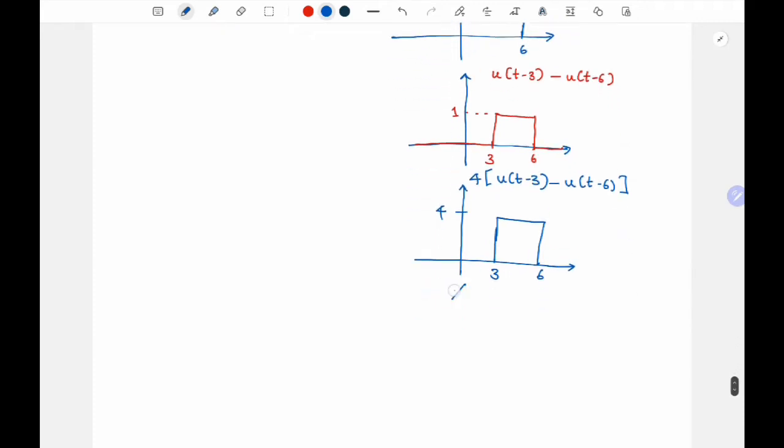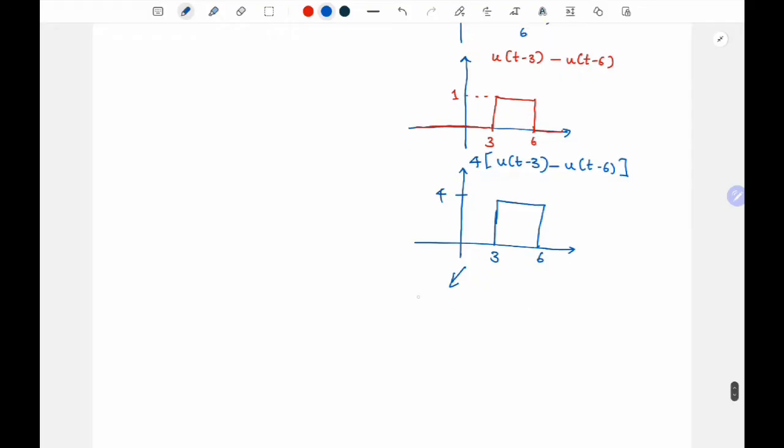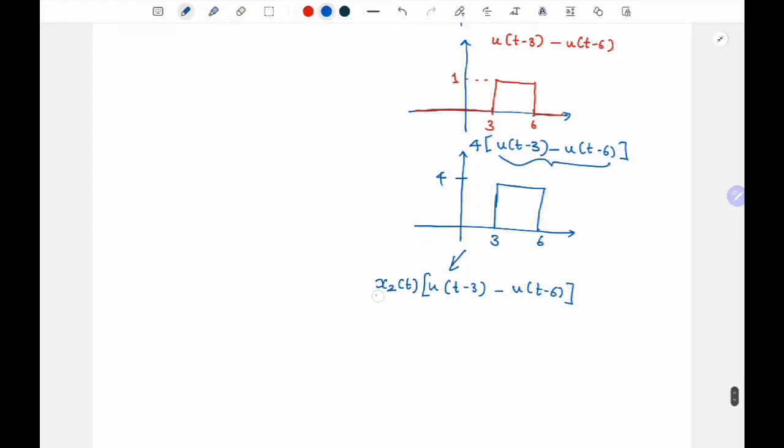So this representation is actually telling me that if I use this as a multiplication for other signals, let's say I have another signal x2 of t and I multiply that with u of t minus 3 minus u of t minus 6, it only takes the value of x2 of t in the interval 3 less than t less than 6.